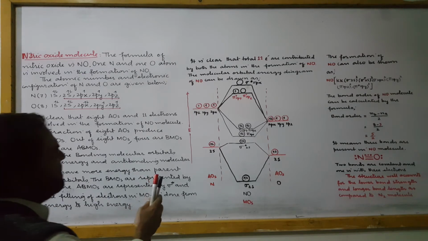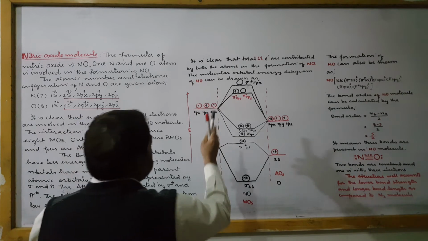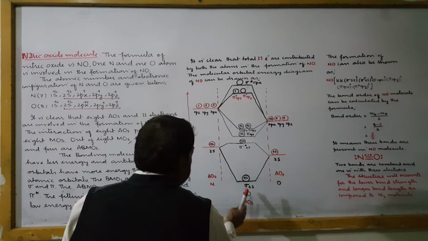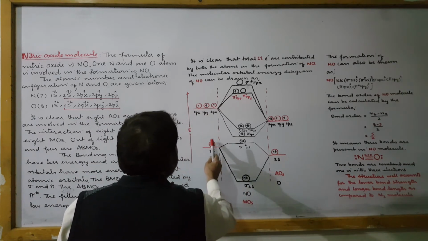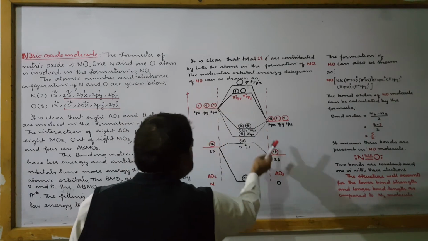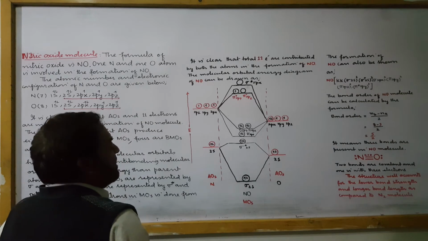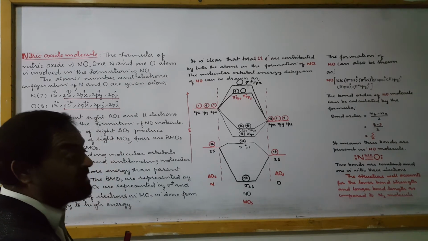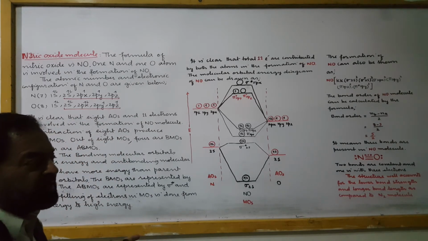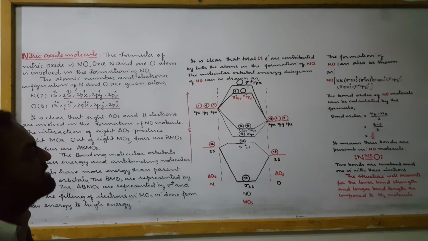It is clear that a total of 11 electrons are contributed for the formation of NO, and these 11 electrons are contributed by both atoms, nitrogen and oxygen.